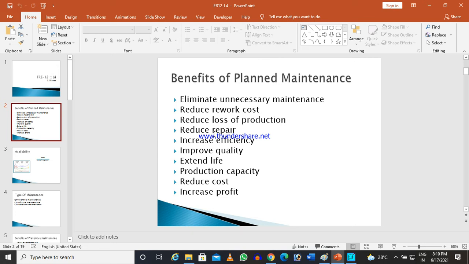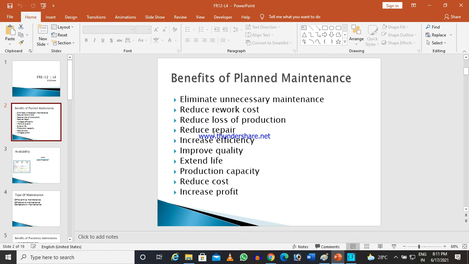You have to pay time and cost. So this can be avoided. The repair can be avoided if you do the maintenance and take preventive action prior to failure. So definitely this planned maintenance will reduce the repair.